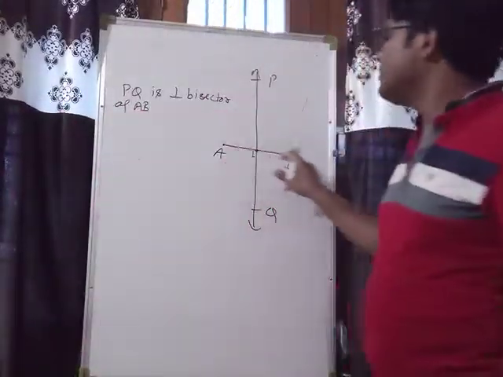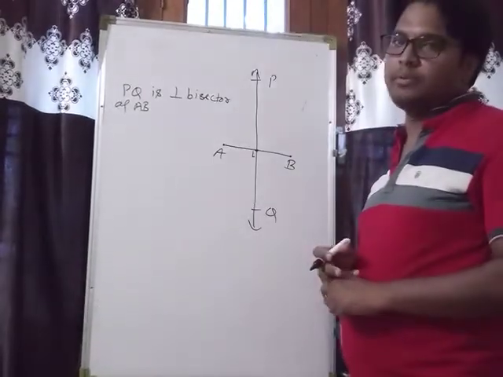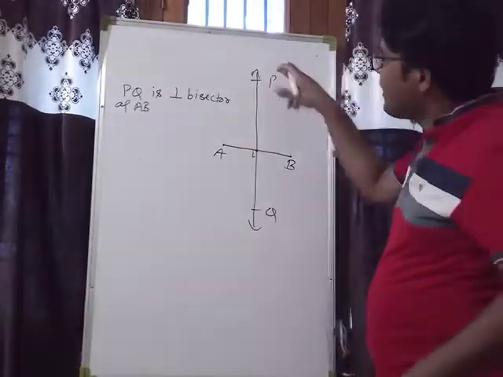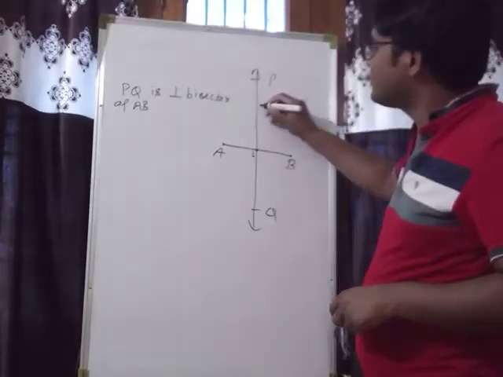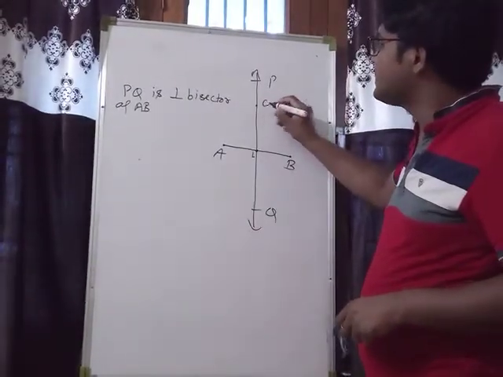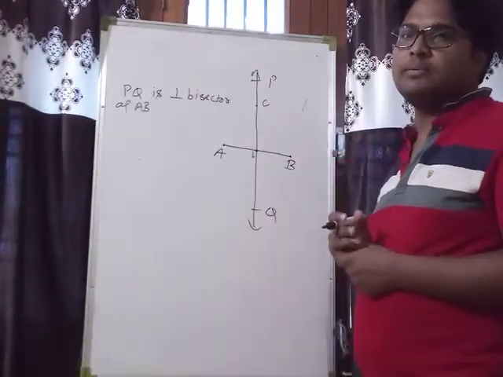See, here AB is the line segment and PQ is the perpendicular bisector of AB. How many points here on PQ? Infinitely many points. Take any point on it. Suppose this point C lies on PQ, that is the perpendicular bisector of AB.